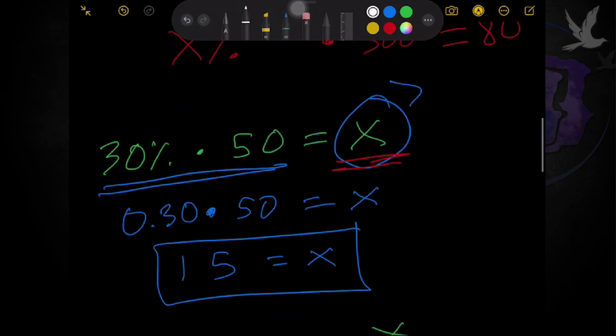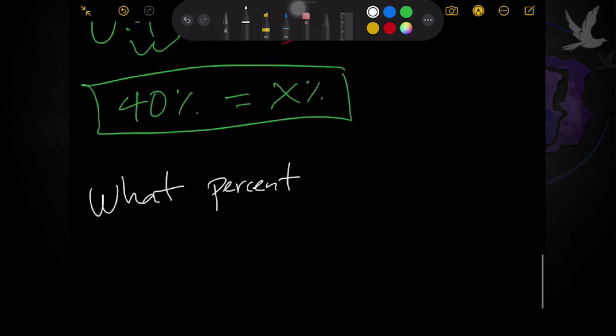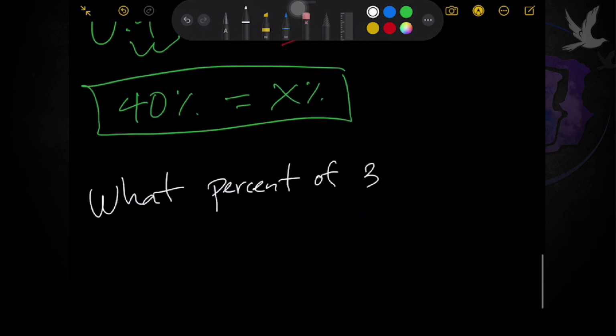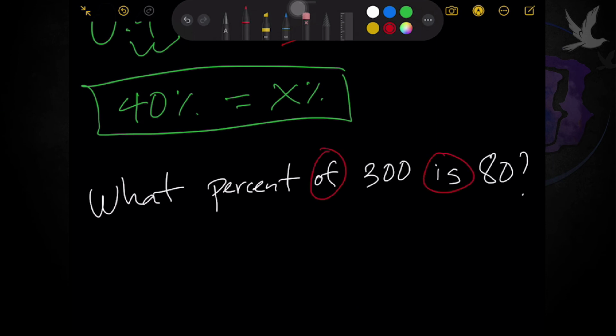What percent of 300 is 80? Again, clue words. That's the first thing that you have to do. Of is times, is is equals. And all you have to do now is write the given components, which in this case is what percent?